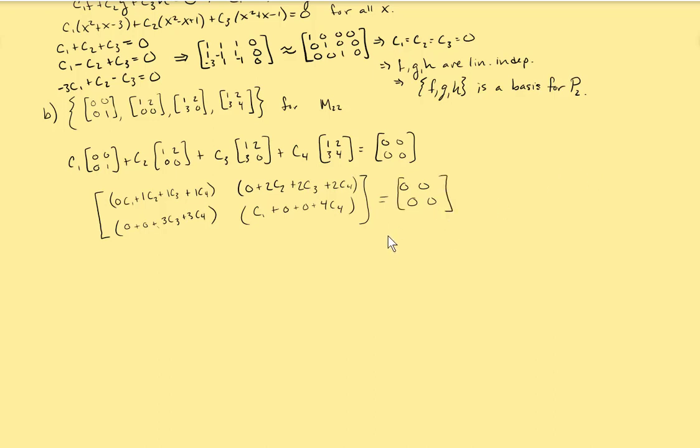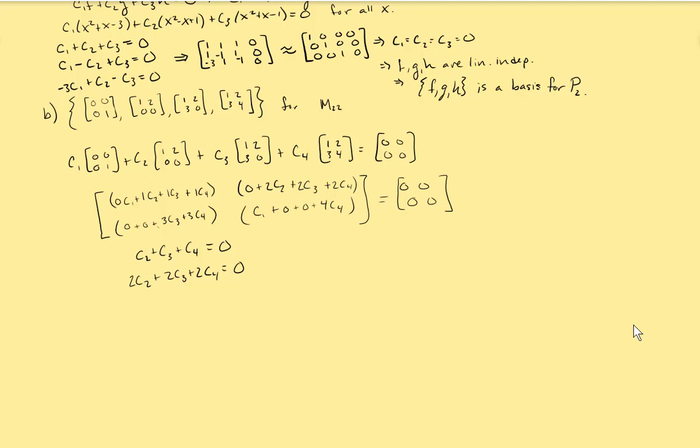Now we just equate corresponding entries on both sides. Top left entries give us the equation C2 plus C3 plus C4 equals 0. What's here equals what's here. And likewise, top right tells me 2C2 plus 2C3 plus 2C4 equals 0.